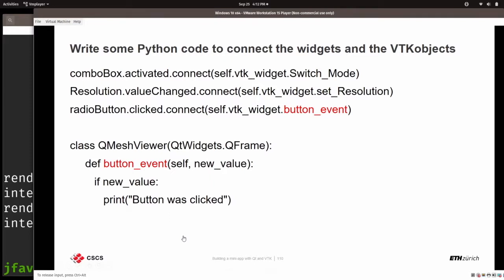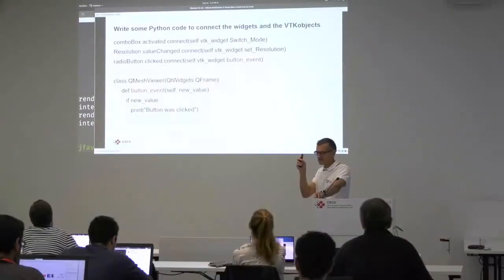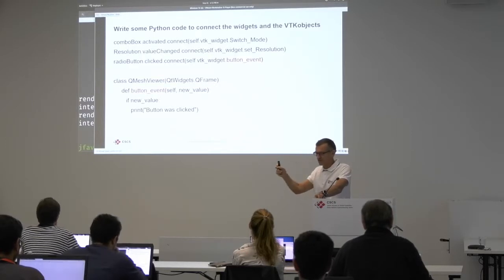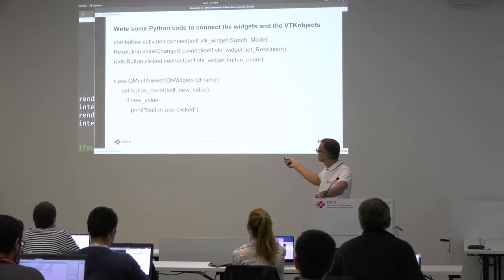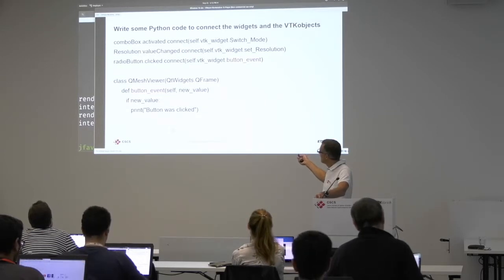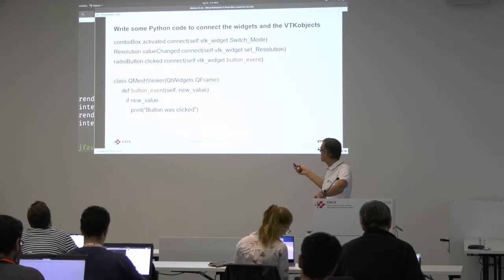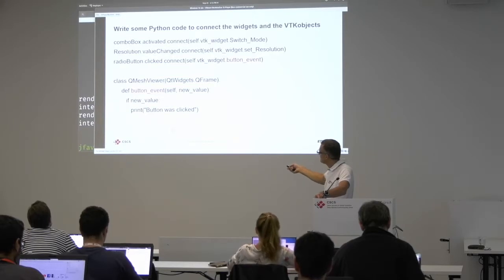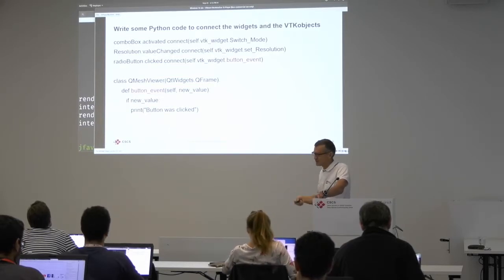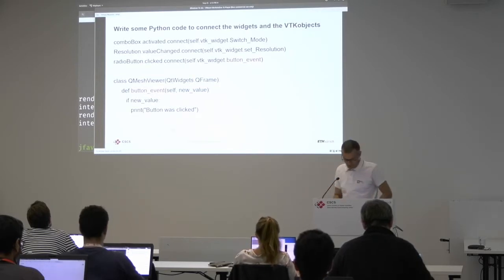For each graphical user interface widget, there's a name for a particular signal. When you click on a button, when you move a slider, when you open a file, etc., those generate events. We connect those events to methods of the Python object, which are defined. You can give those any name you want, and in that method you do some action on the VTK object.